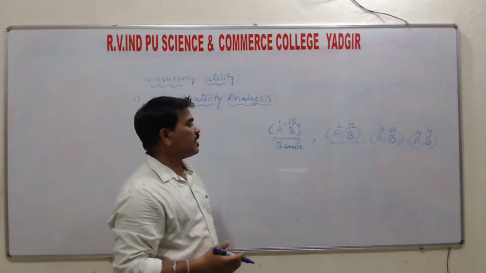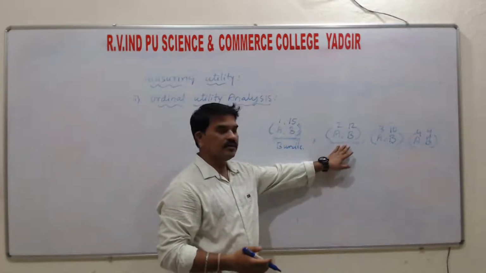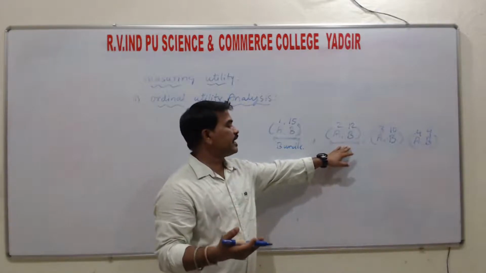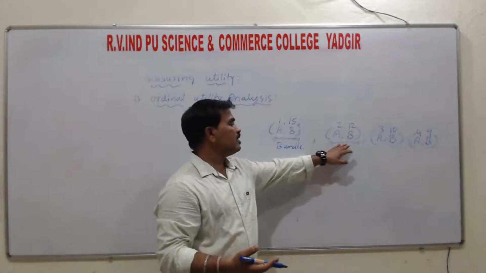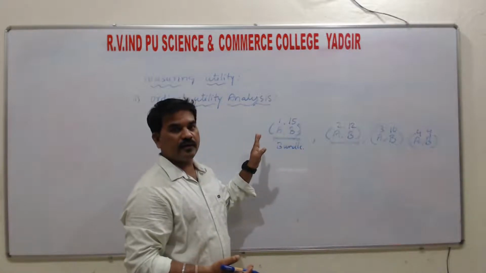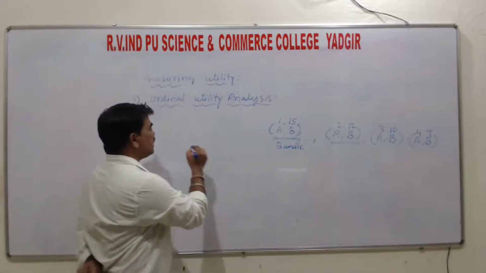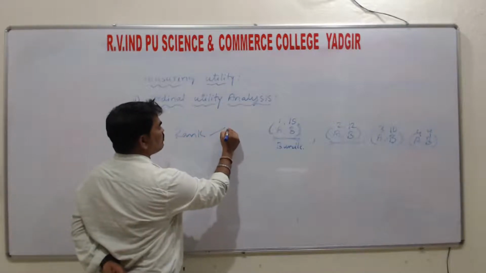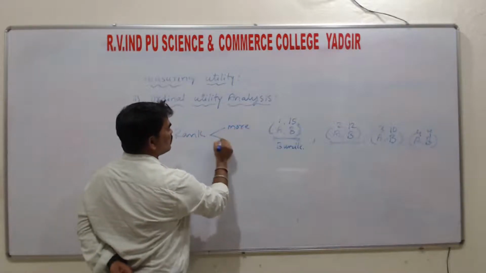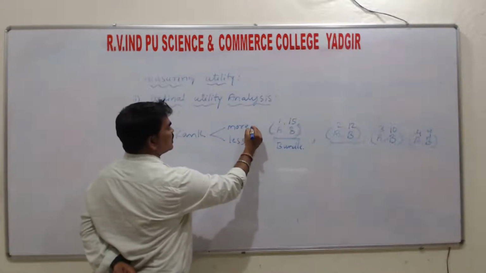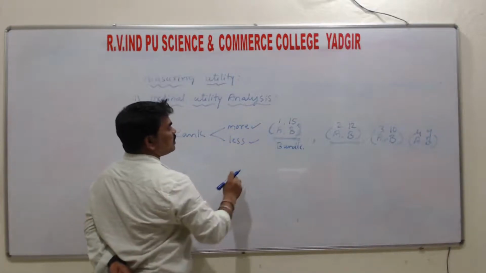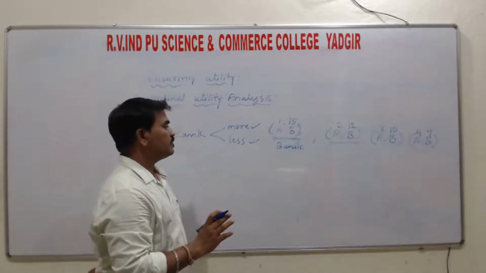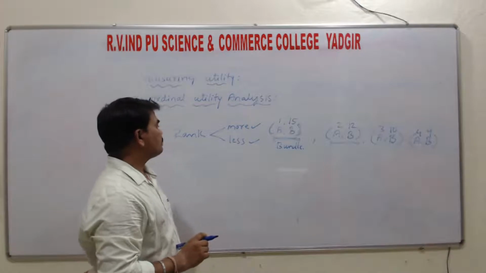he can rank. When I had this bundle, this combination, I was more happy. He is telling he is more happy compared to his first bundle. So here he is ranking his satisfaction, whether more or less, whether he is more satisfied with this bundle or less satisfied with the consumption of the combination of those goods.